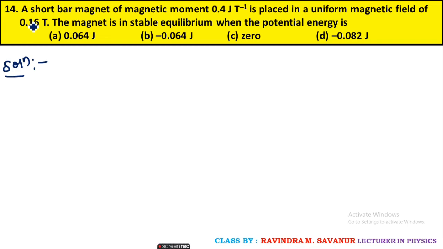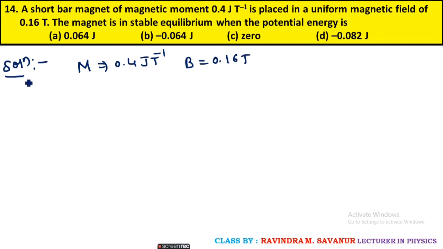Then the magnet is in stable equilibrium when the potential energy is? So already they mentioned m equals 0.4 joules per Tesla and the magnetic field is 0.16 Tesla.